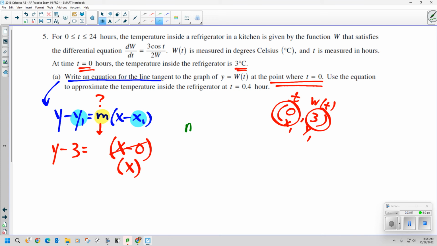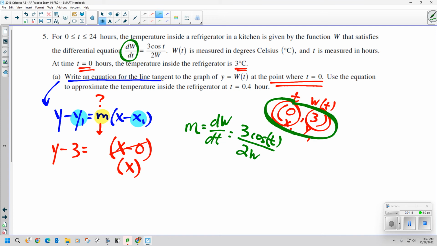So I need to find the slope. They've given us this here. Our derivative is slope. That's dW over dt, and that's given to us as 3 cosine of t over 2W. Again, I want it at this point when my t is 0 and my W is 3.